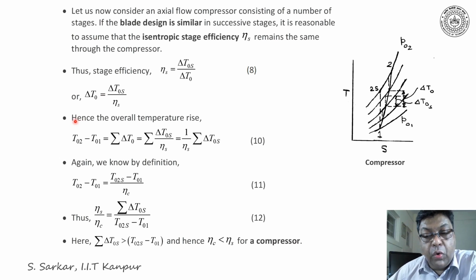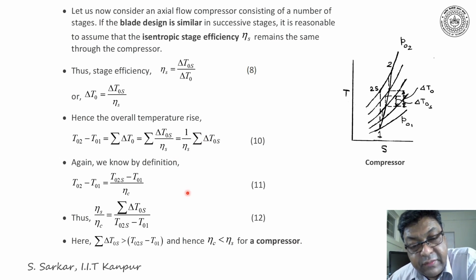Thus, I can write the overall temperature rise, that is T02 minus T01, equal to sigma del T0, that is summation of all temperature rises that occur through different stages, that would be equal to sigma del T0S by eta S. Now eta S being constant, I can take it out of the sigma sign, thus 1 by eta S into sigma del T0S, which is equation number 10.